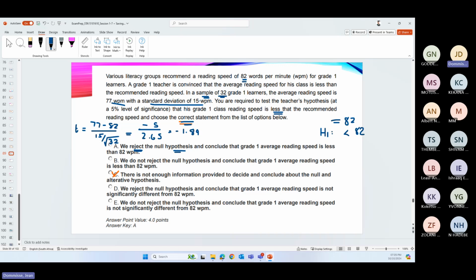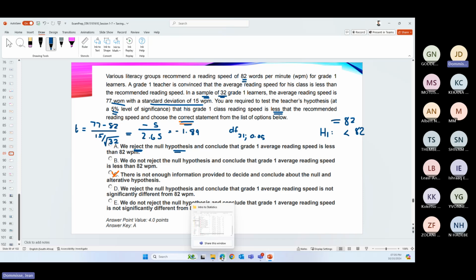Okay, and now we're going to check the degrees of freedom. So for our critical value, it is going to be degrees of freedom of 31 against the 5%. So again, 5%. So now you guys must tell me, is it 5% or is it 0,025?